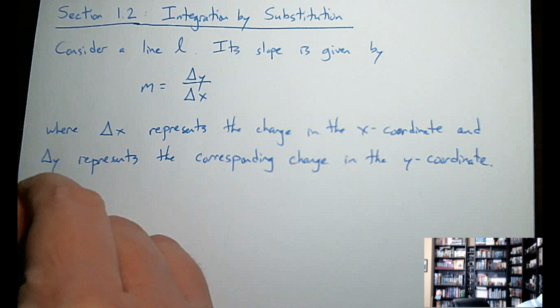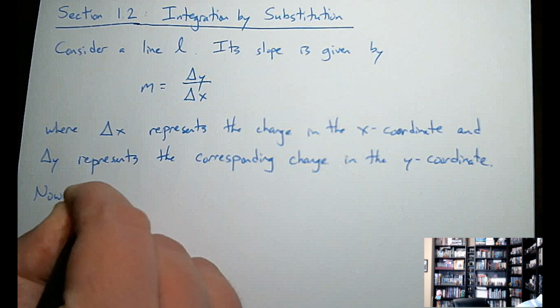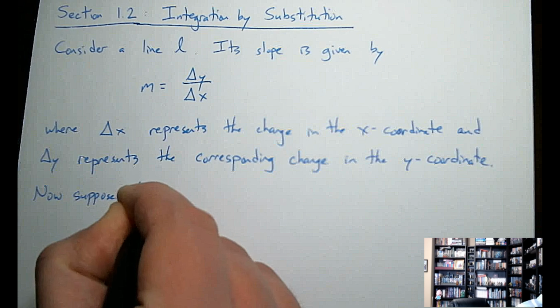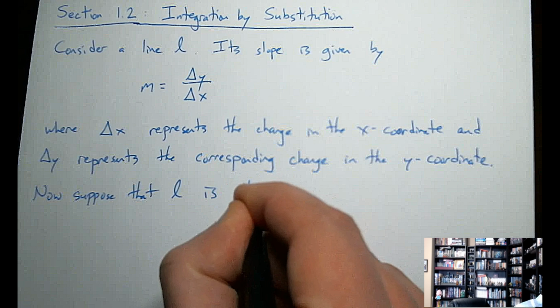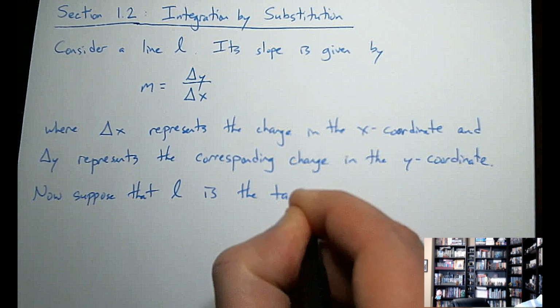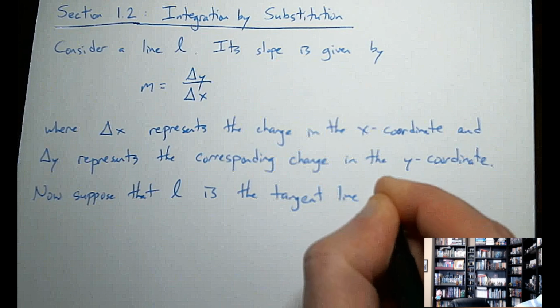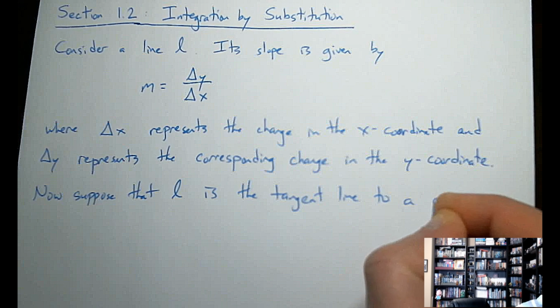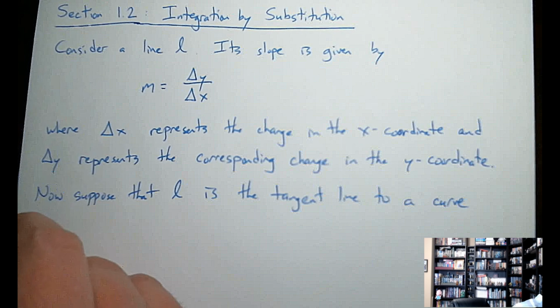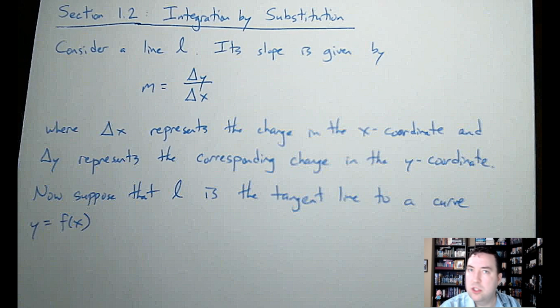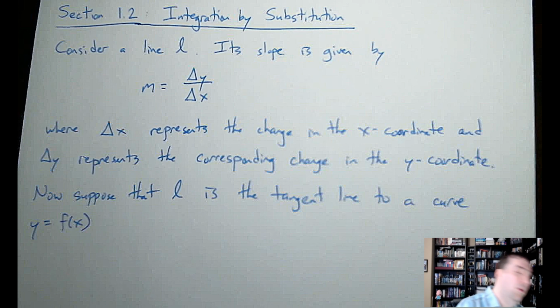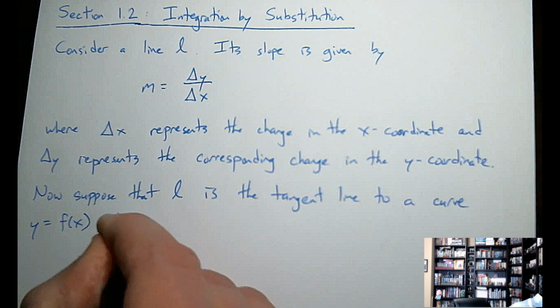So now let's suppose that this line L is the tangent line to a curve, let's say generated by a function y equals f of x, could be any function, at a point x.